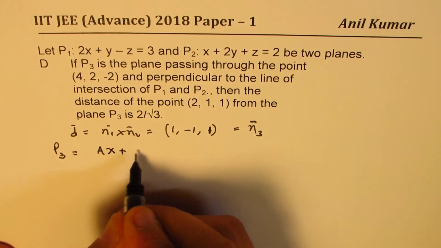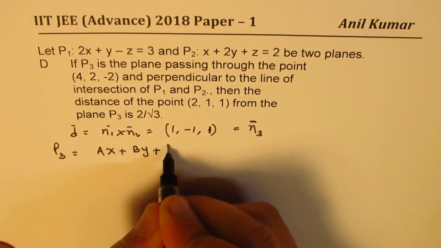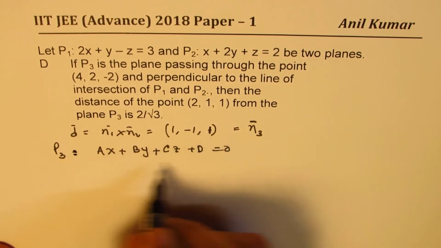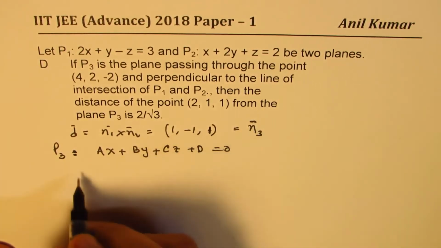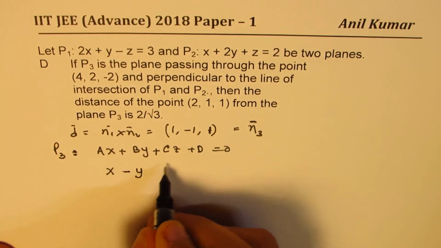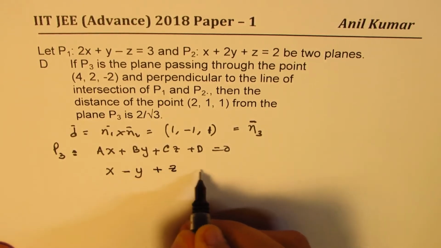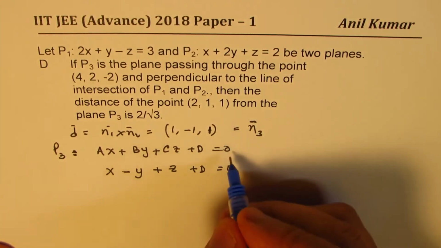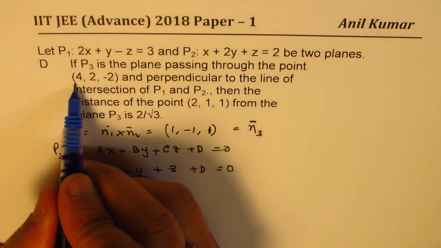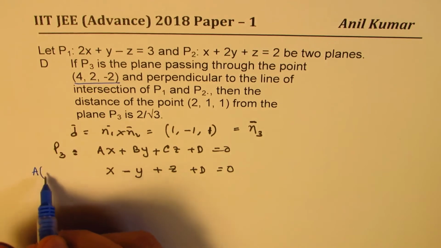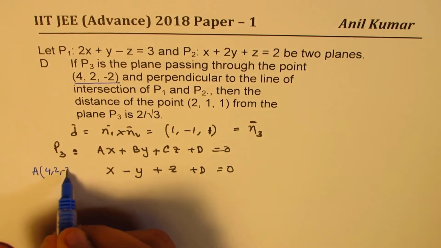Since we know that is the normal, in general the equation is Ax plus By plus Cz plus D equals 0. Now since we know that the normal is this, we can write this as x minus y plus z plus D equals 0. Now we are given that there is a point on it, and the point given to us is 4, 2, minus 2. So we have a point, let's call it A, which is 4, 2, minus 2.